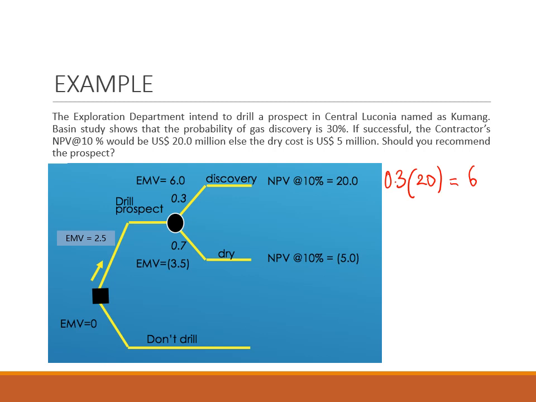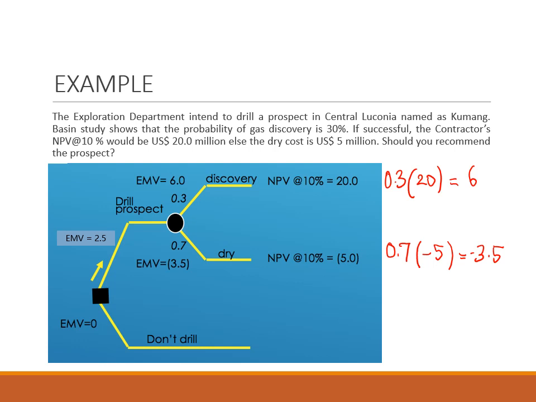So the bottom branch EMV would be 70% chance times the NPV of negative 5 million equals, okay, negative 3.5. So that means that you roll back further to see whether you should drill it.